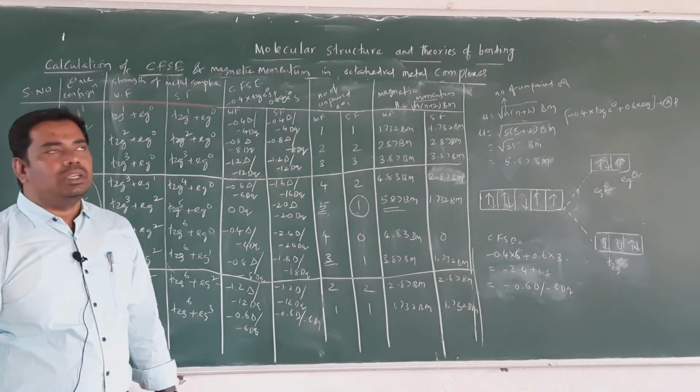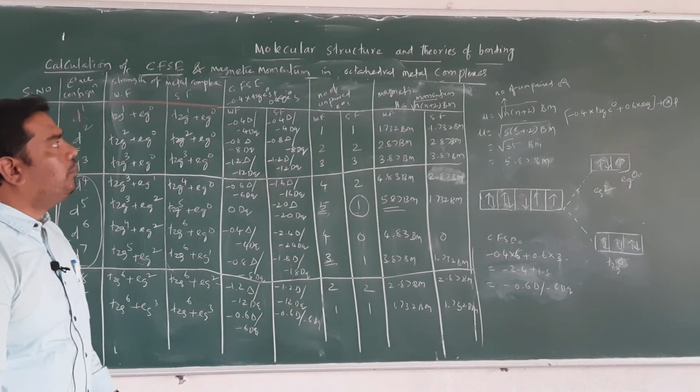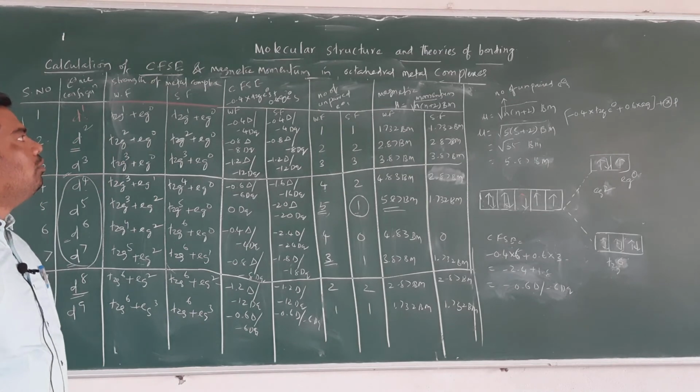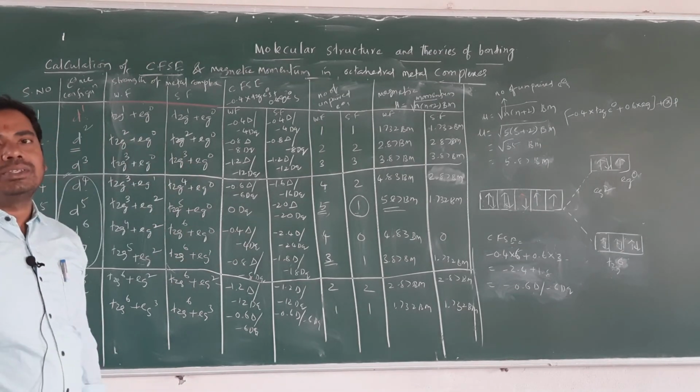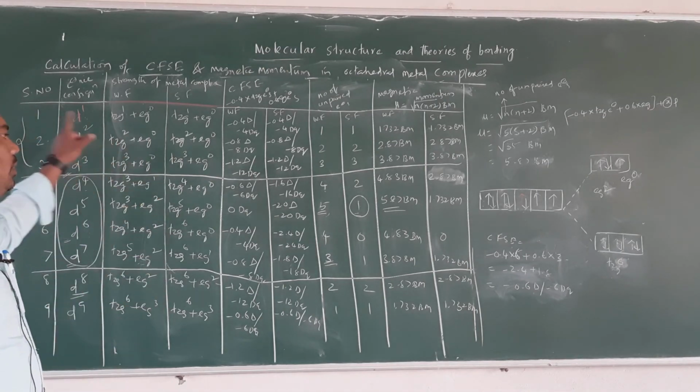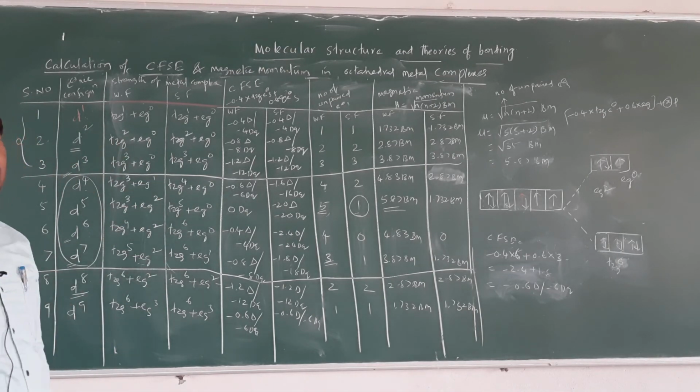Okay, so this is the calculation of CFSE and magnetic moment in octahedral metal complexes of weak field and strong field. This data is very important.